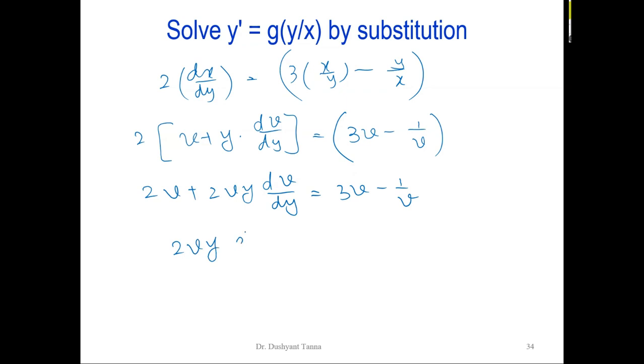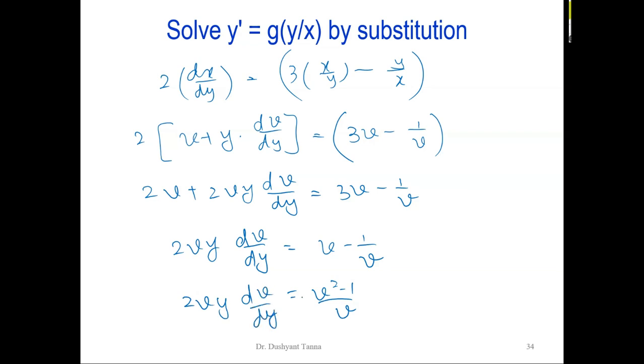So 2vy dv dy is equal to v minus 1 on v. 3v minus 2v is v. Or can we say v square minus 1 over v is equal to 2vy dv over dy? Okay, we keep all the v term on one side.